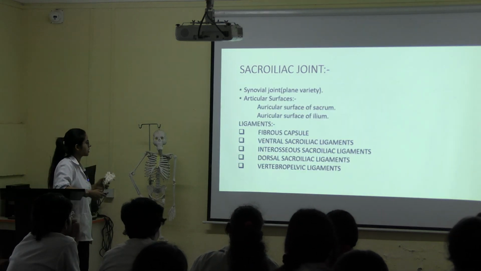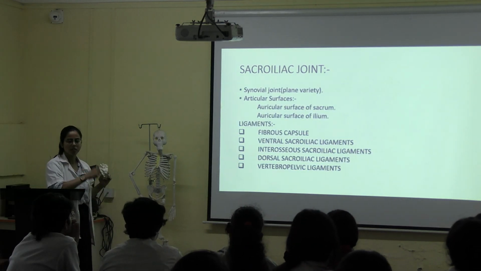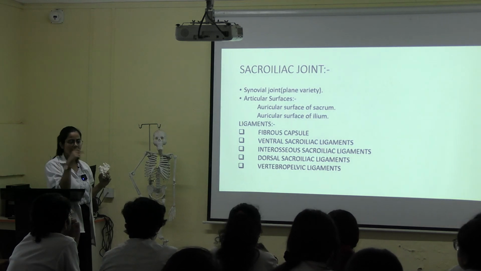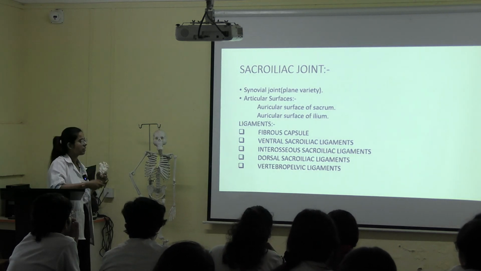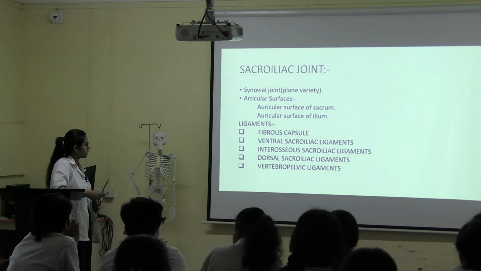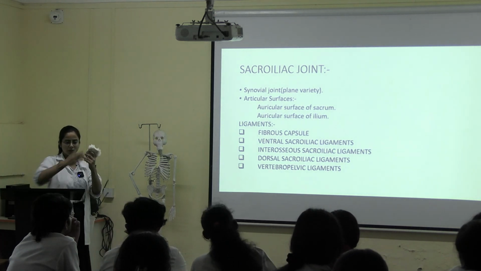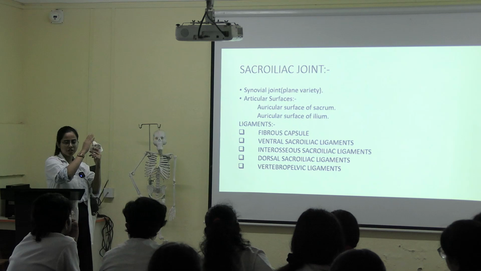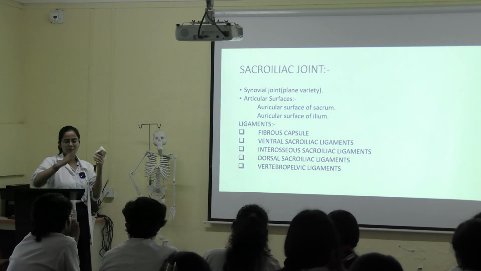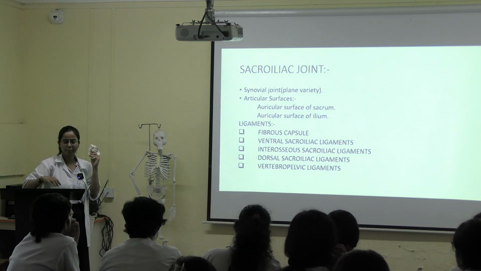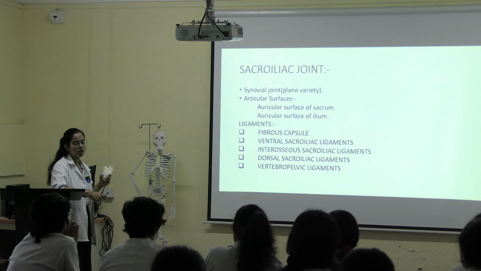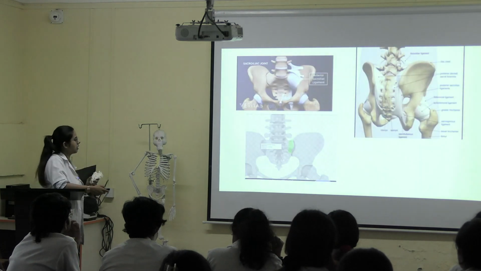There are some ligaments attached. First is the fibrous capsule, which is lined by synovial membrane around the articular margin. Then we have the ventral sacroiliac ligament, interosseous sacroiliac ligament, and dorsal sacroiliac ligament. Ventral will be here, dorsal here, and interosseous inside the joint, because it is sacrum with ilium.